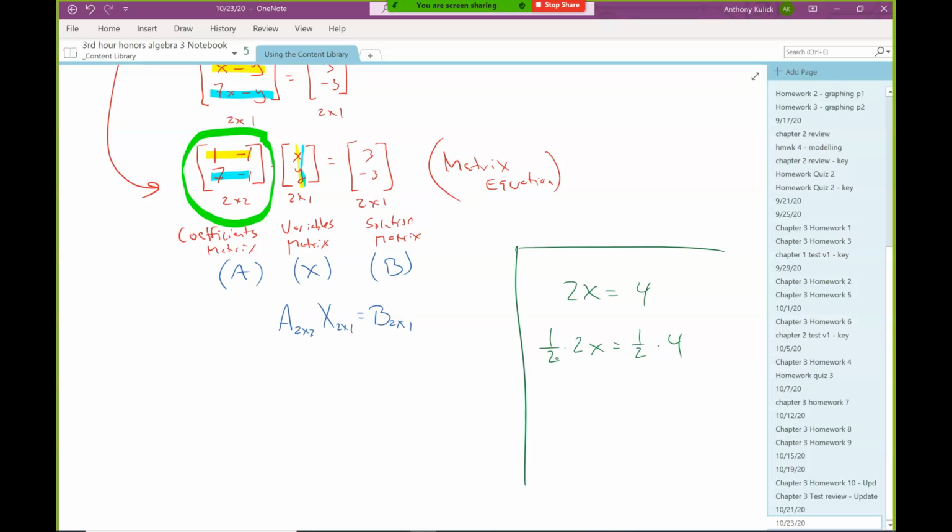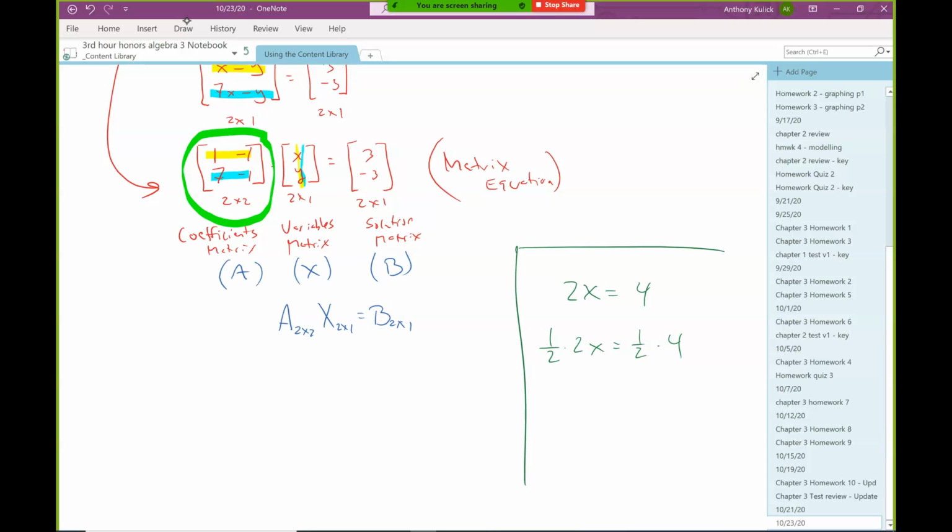So if we go back to our matrix equation, what are we going to do to get the x by itself? Multiply both sides by A inverse. Now, unlike real numbers, matrix multiplication is not commutative, right? So we have to be very careful about where we're putting our A inverse. So on the left-hand side of the equation, where does the A inverse go?